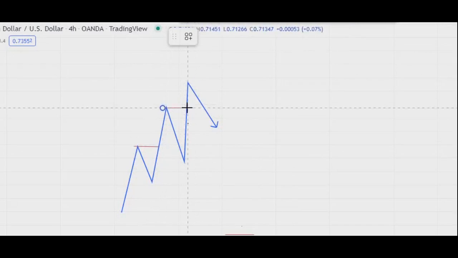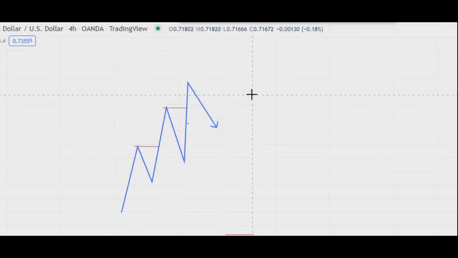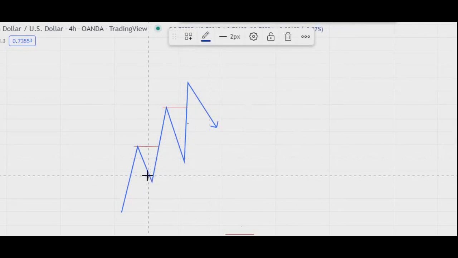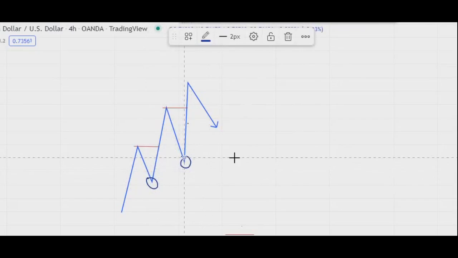That is the characteristic of an uptrend. Now, you want to buy. You want to buy at this area. In the case of an uptrend, you want to buy here. You also want to buy here. All right? These are the areas you want to buy in an uptrend.